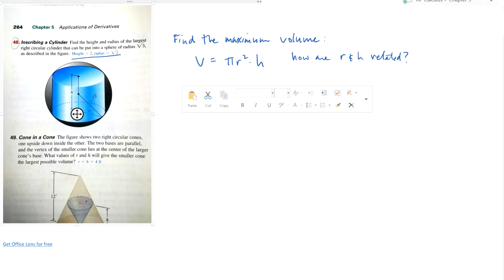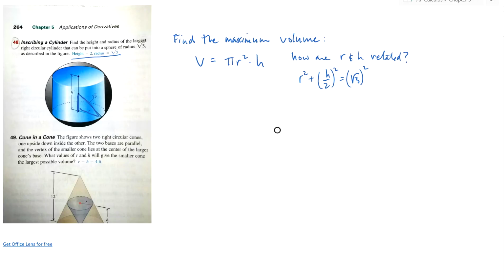They're related by this right triangle right inside here, right? r, h over 2, because that h is the height of the cylinder. So I know that r squared plus h over 2 squared equals square root of 3 squared by that right triangle inside here.